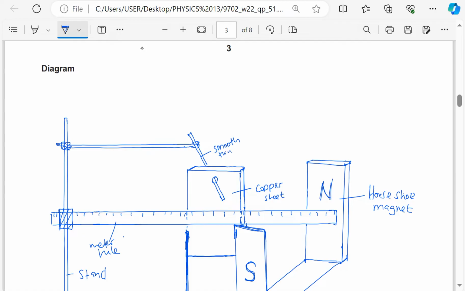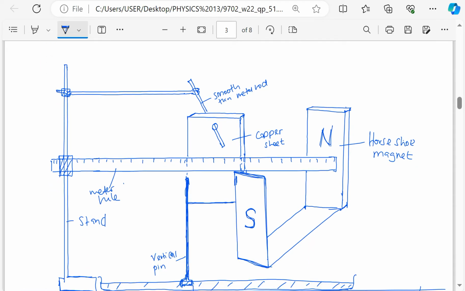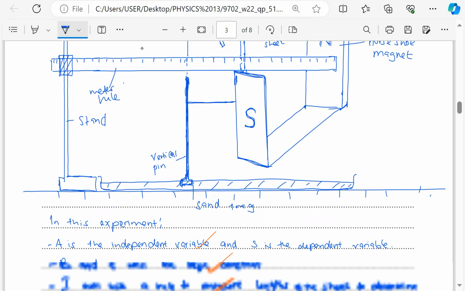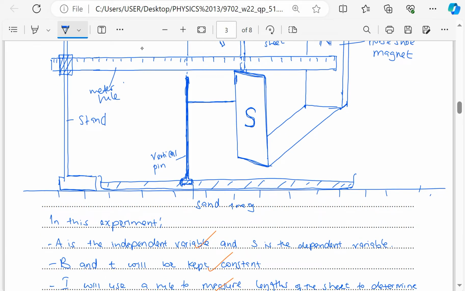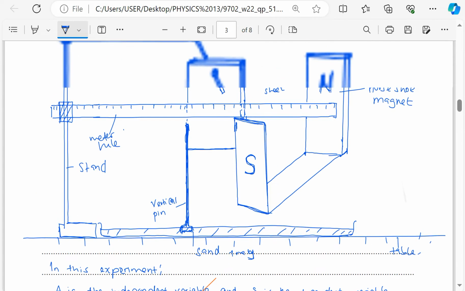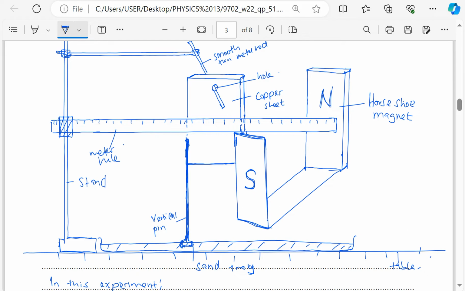There's a hole somewhere here. Remember, this was the sand tray. Here I have a bench or the table, so my apparatus is laid on the table.